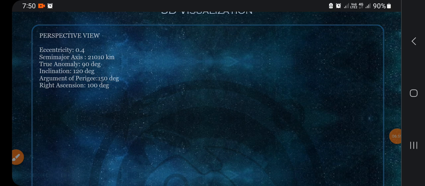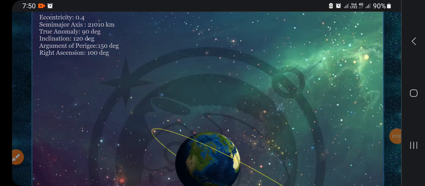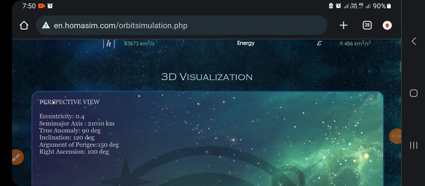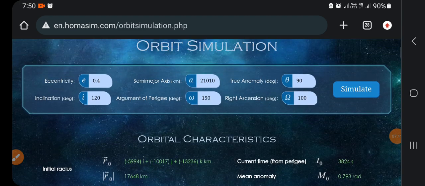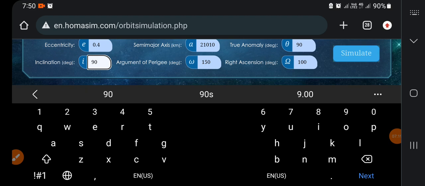So I changed the eccentricity to 0.4 with the remaining parameters as they were. Now I am going to change the inclination, for example to 90 degrees. Then what about the result?